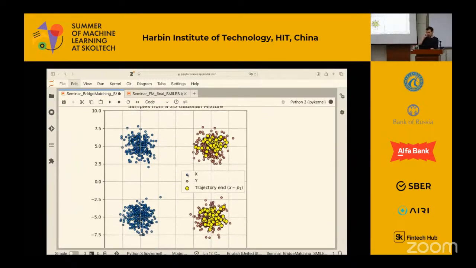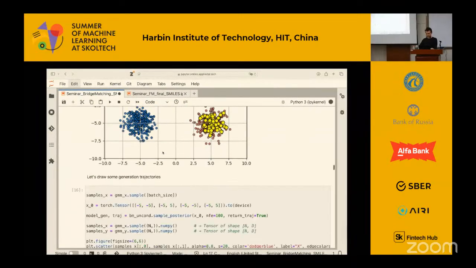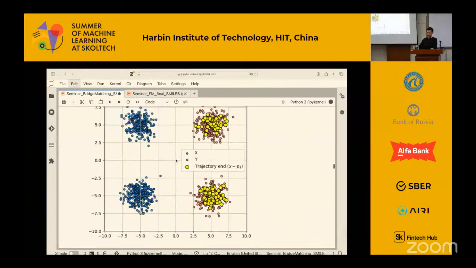If we learn a flow matching or bridge matching with the volatility coefficient of 1, you can see that it fits the resulting distribution very well. The yellow points are the generated points from our bridge matching model, and they should be lying approximately in the same area as the red points, and you see that they actually do. So this means that we have optimized our bridge matching quite well.